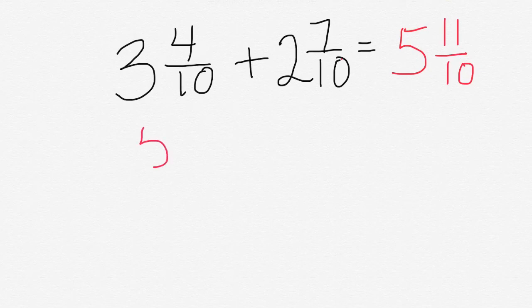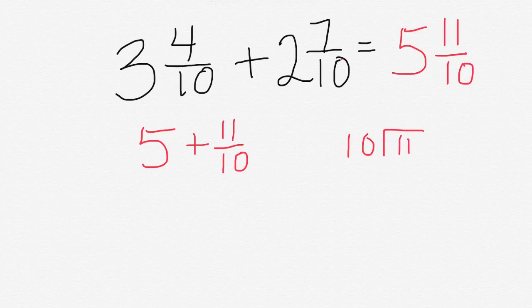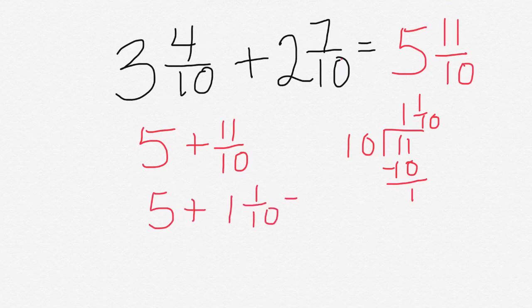So 5 and 11/10 is basically 5 plus 11/10, right? Because "and" in math usually means plus. So all you need to do is divide your 10 into 11, and you would get 1 and 1/10. So really you have 5 plus 1 and 1/10, and that would equal 6 and 1/10.